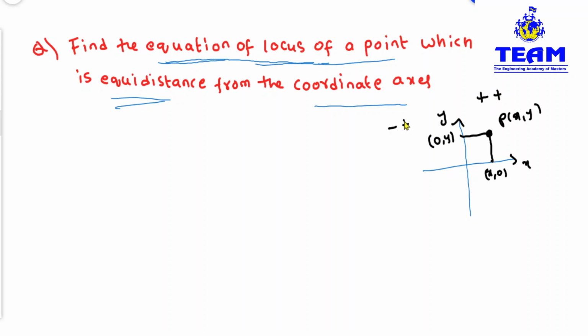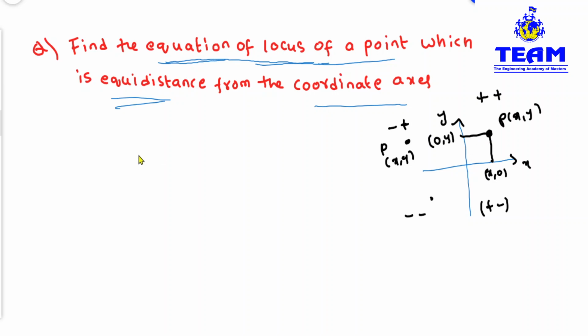The x value is negative, the y value is positive. If you choose a point P here, this is (x, y), and here x will be negative and y will be negative. And if you take it here, what will happen? Here x is positive, y is negative. That is the reason we take (x, y) as a point in the xy plane.